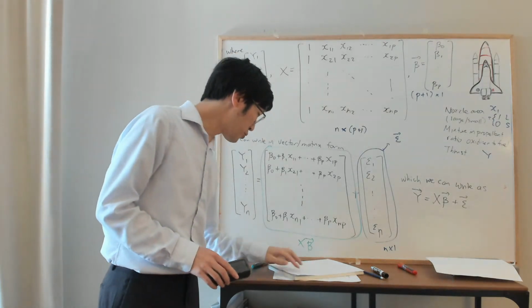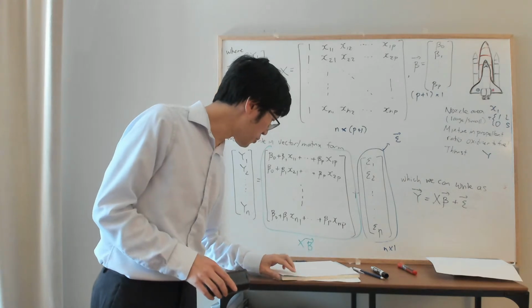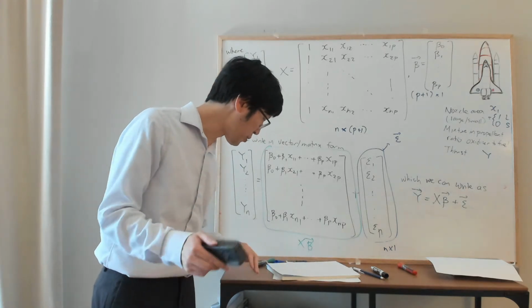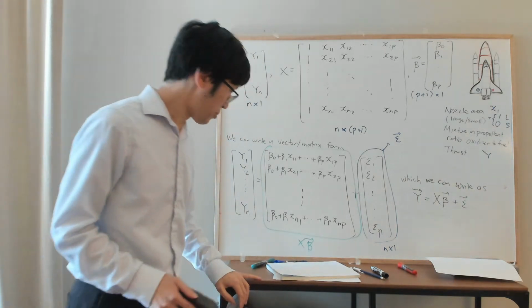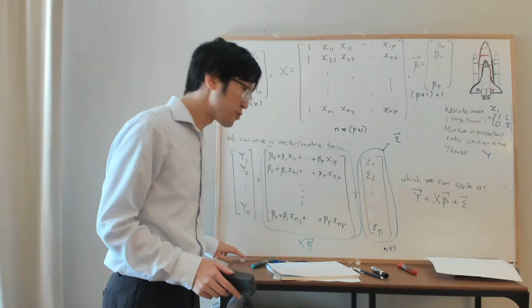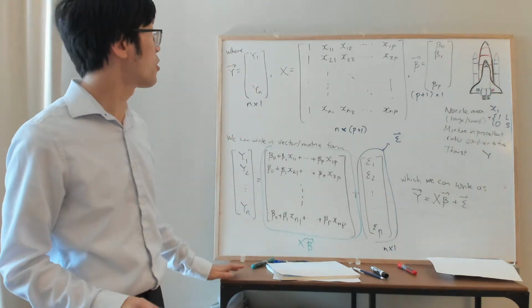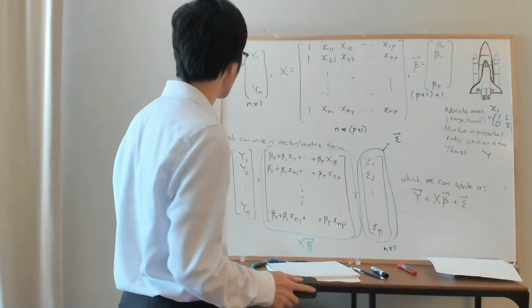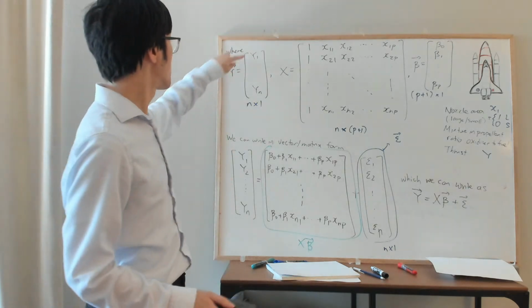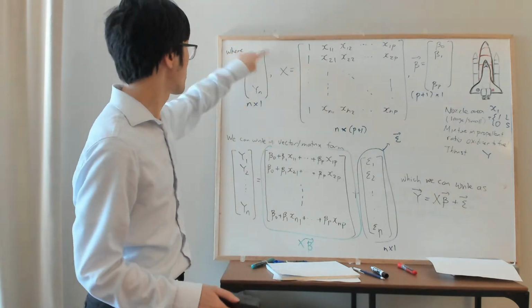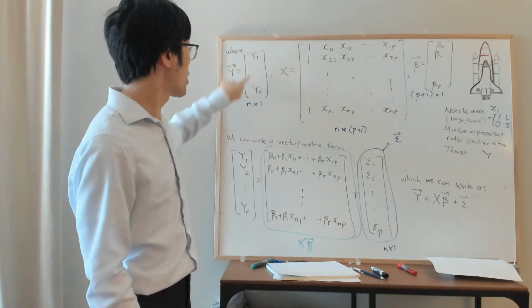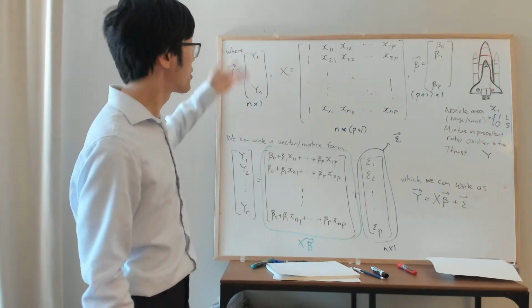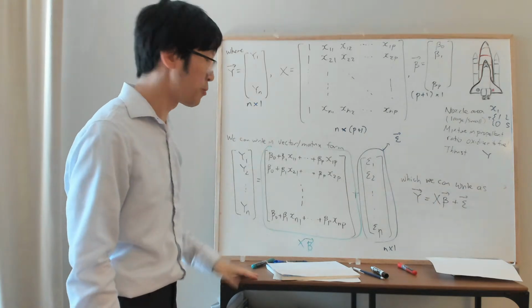Before we do the estimates, it'd be helpful to review some facts about matrix and linear algebra, and also to formalize what we call a random vector. These random variables, y1 up to yn, when we put them together like this, we call a random vector.